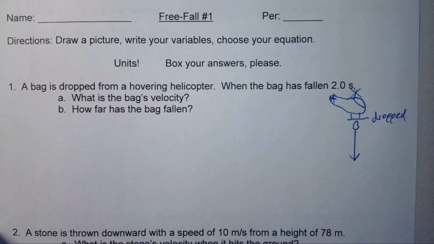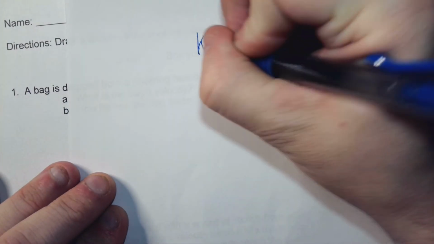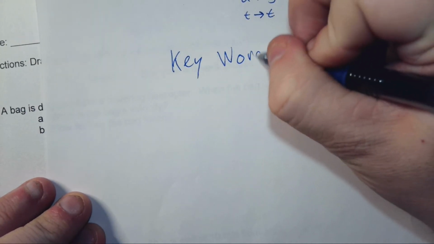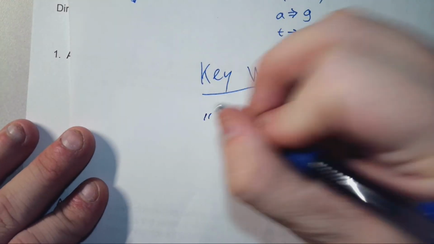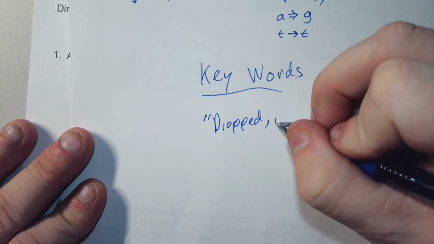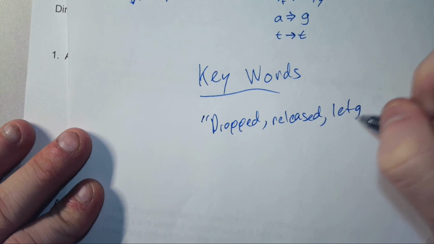One thing I wanted to mention before we go back, I'm going to go to this other worksheet real quick and talk about some key words for solving our problems. The first one is the word dropped, or released, or let go, or anything very similar.